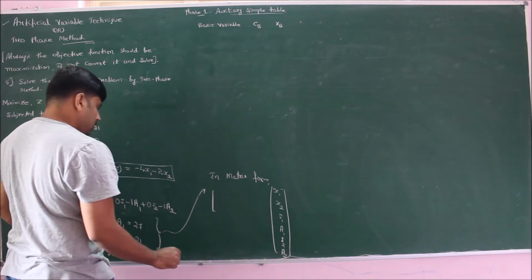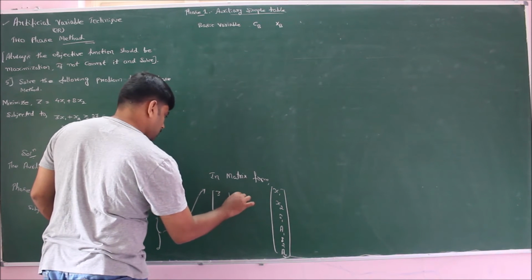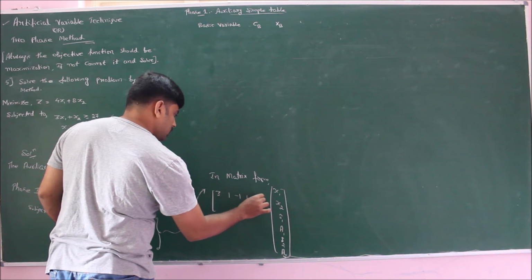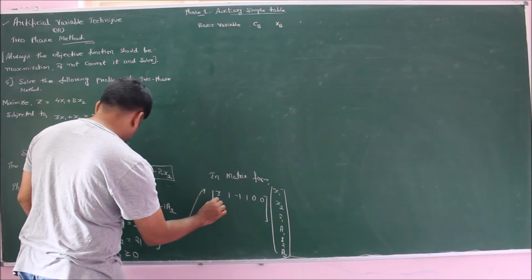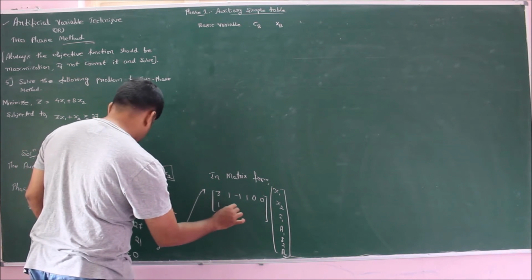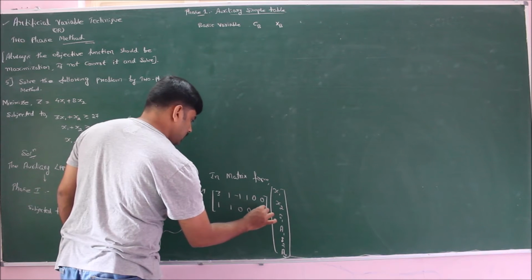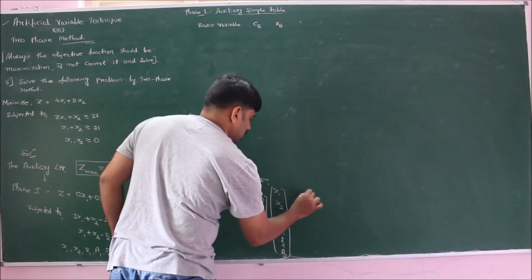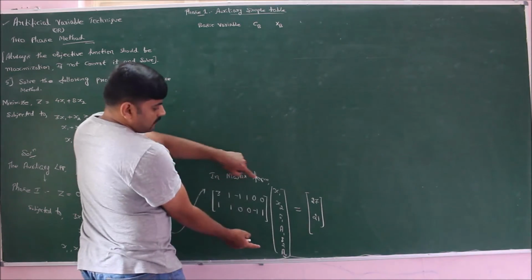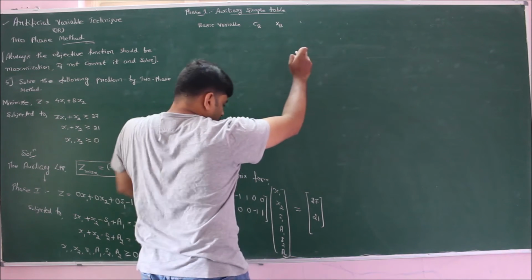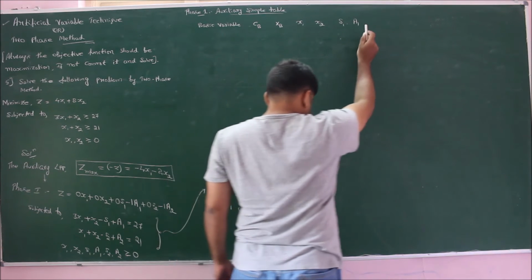From the first linear equation, the coefficient of x1 is 3, x2 is 1, s1 is -1, a1 is 1, we don't have s2, we don't have a2. From the second linear equation, the coefficient of x1 is 1, x2 is 1, we don't have s1, we don't have a1, the coefficient of s2 is -1 and a2 is +1. This is equal to xb, that is the RHS, 27 and 21. So the variables are x1, x2, s1, a1, s2, a2.